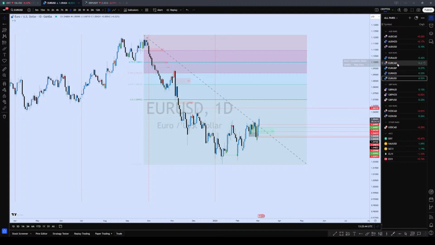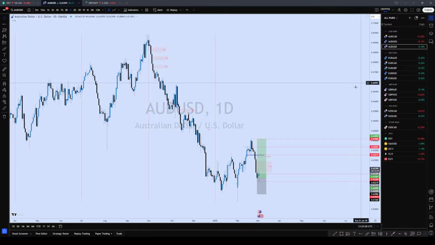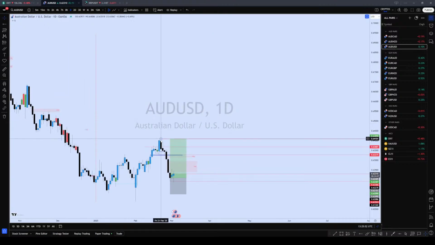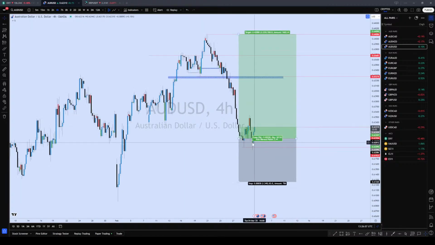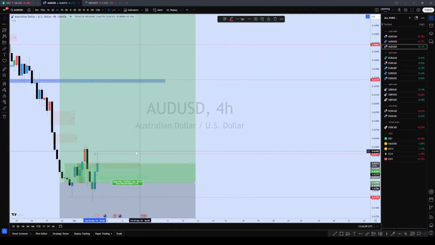Another pair that I think if you're interested in, you can trade is the Aussie, because Aussie is very cheap now. I think yesterday I spoke about if you want to swing trade it, then buy where we are. But if you want to wait for confirmation like I do, then I got an entry today on this candle.